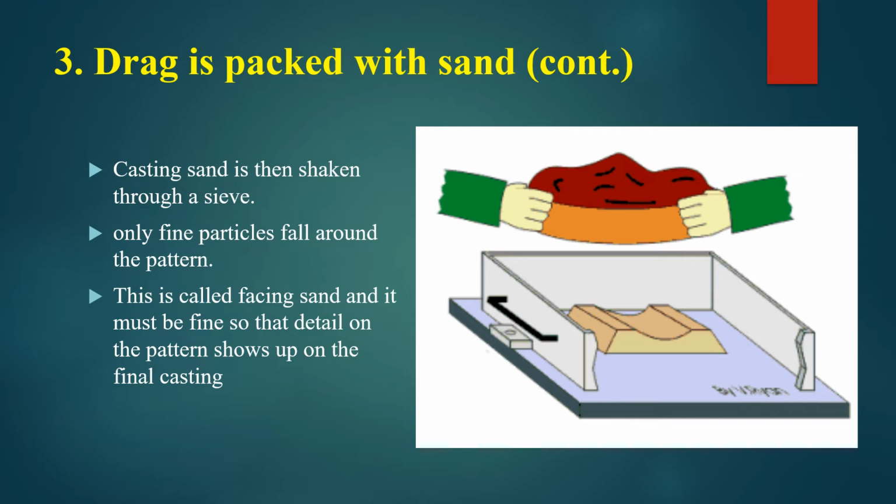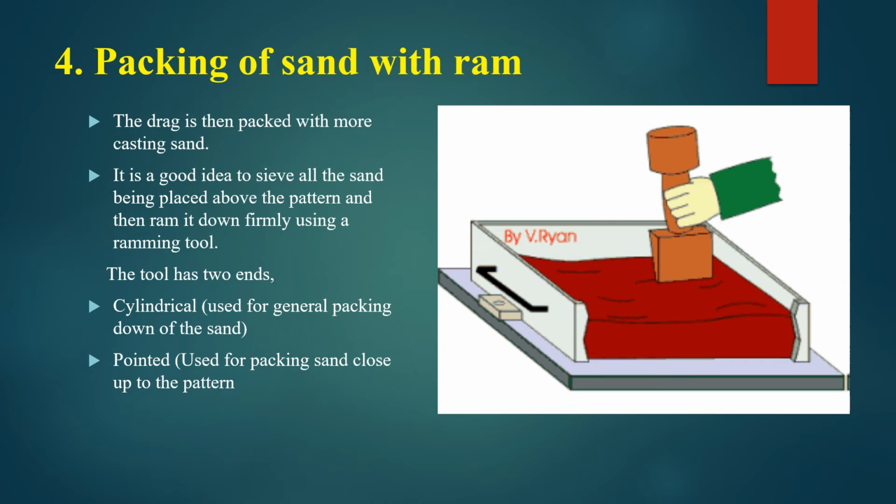Now the drag is packed with sand. Casting sand is shaken through a sieve, and only fine particles fall around the pattern. This is called the facing sand, and it must be fine so the detail on the pattern shows up on the final casting. Now packing of the sand with a ram. The drag is then packed with more casting sand.